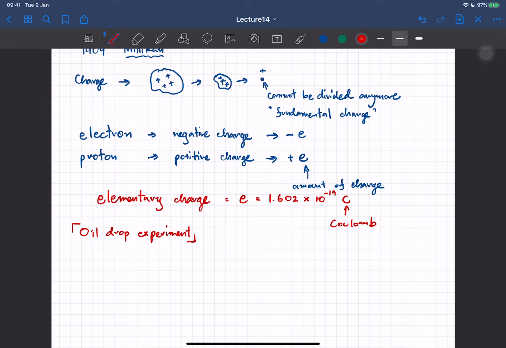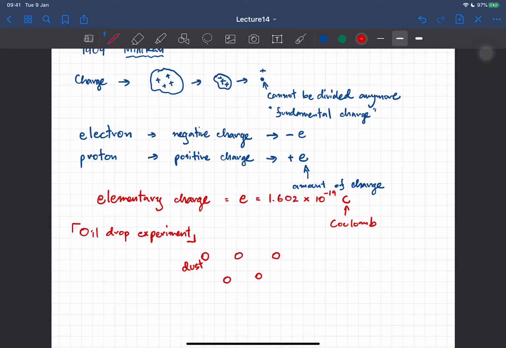The important point from this experiment is that Millikan showed that any charged particle, maybe a piece of dust, many of them, due to some circumstance, might acquire some electric charge.